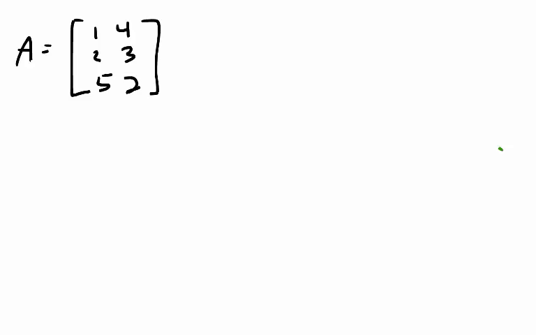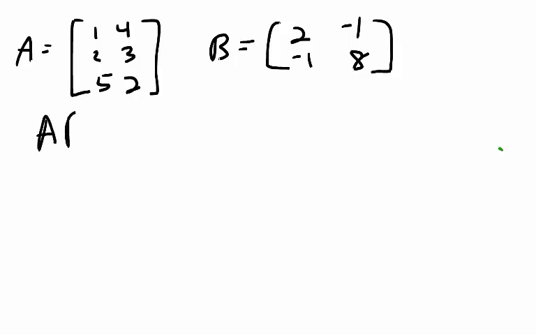Suppose I have matrix B, which is a 2 by 2 matrix, and the entries are 2, -1, -1, 8. I'd like to find the matrix product A times B.